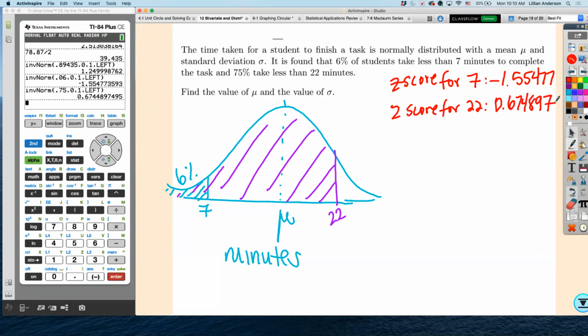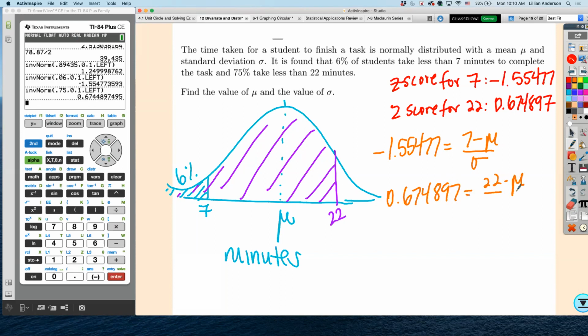There's a reason why I'm putting a few decimal places, because I don't know my mean nor my standard deviation. So essentially what I have is negative 1.55477 is equal to 7 minus mean over standard deviation, and 0.674897 is equal to 22 minus my mean over my standard deviation.